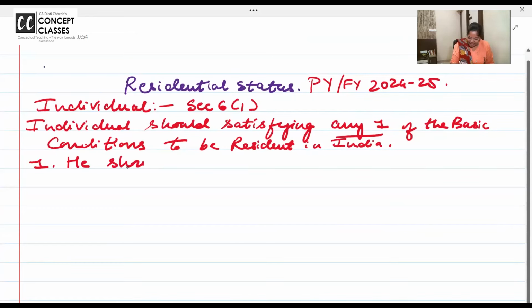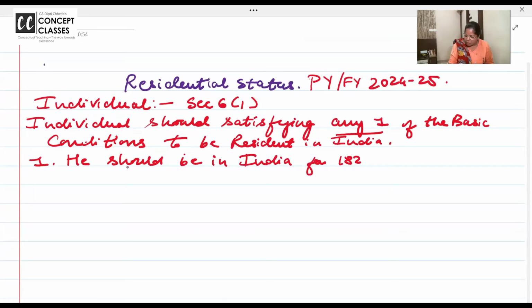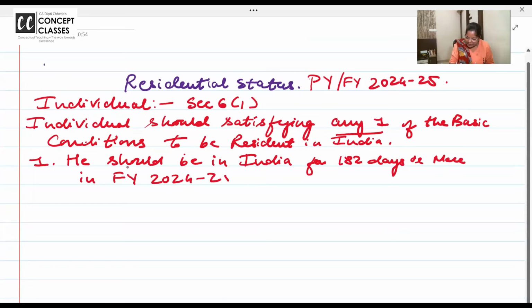What's the first condition? I'm writing he. It could be he, she, anyone. He should be in India for 182 days or more in the financial year. So what is our financial year? 24-25. The year when he's earning the income, 24-25.